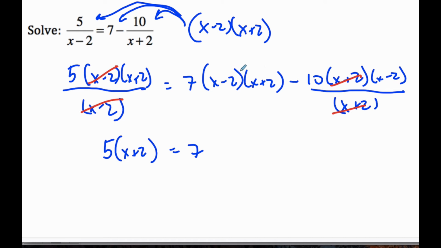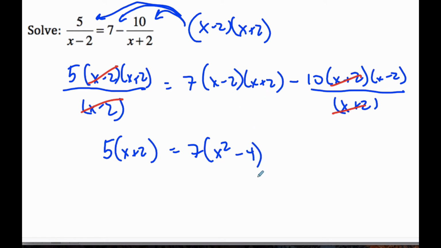Well, I'm going to multiply these two together. The easiest thing to do is to multiply these together. And if you notice this product here, do you notice what's x minus 2 times x plus 2? It'll be x squared, the first one. x times 2 is 2x, and then minus 2x. These two will cancel out. And then the last one is minus 4.